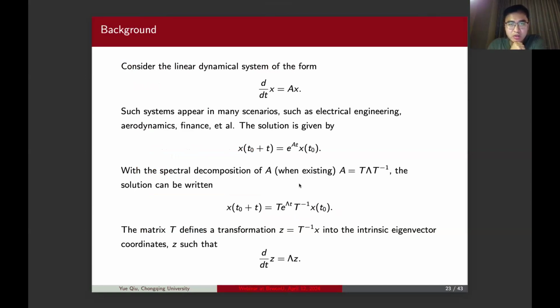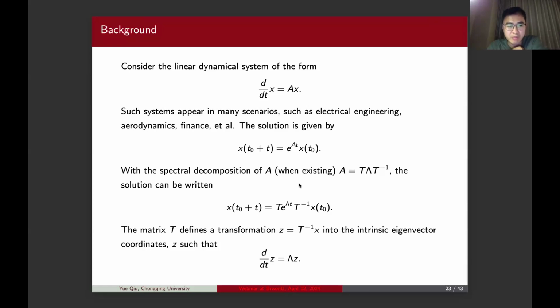When we would like to solve this ODE system, we need to compute this matrix exponential. But when the matrix has an eigenvalue decomposition form, it makes the matrix exponential pretty easy.